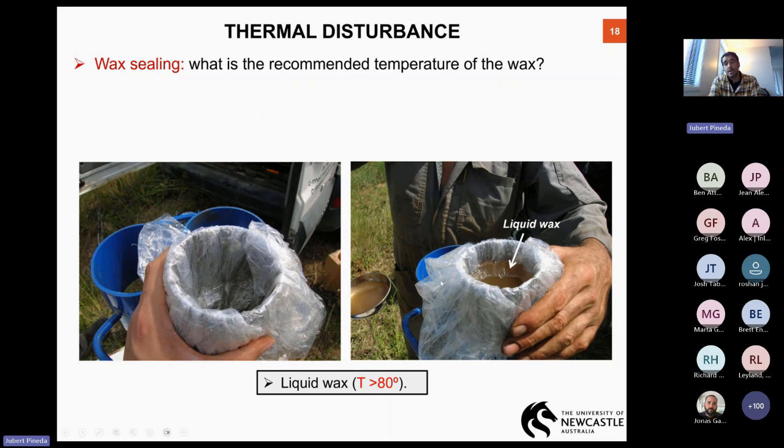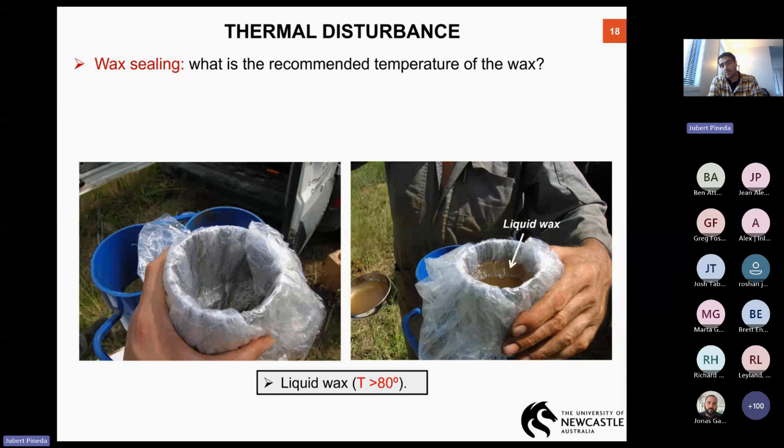When we use wax, we need to melt the wax down and then pour it to cover the top and bottom ends. The photo on the right-hand side shows liquid wax. The operators in this particular case decided to include a plastic bag in order to separate the soil from the wax, which is not bad.